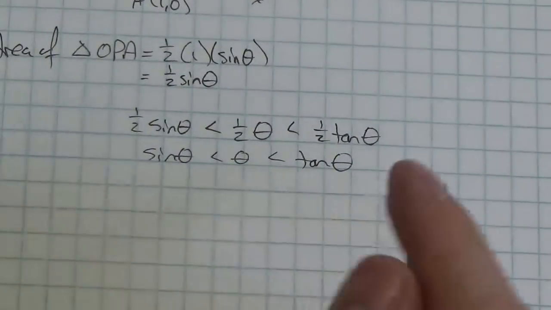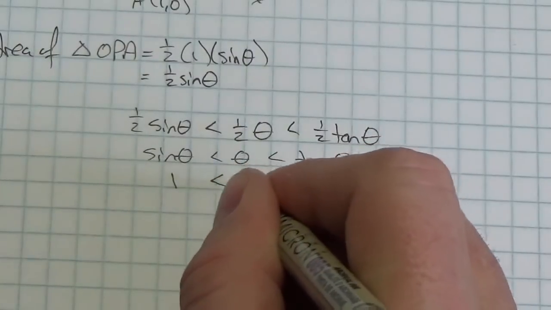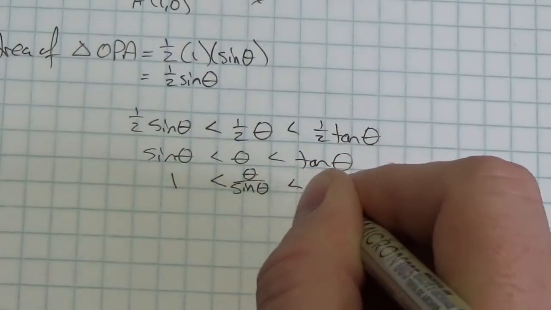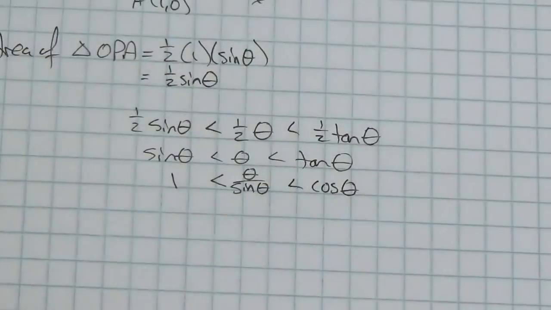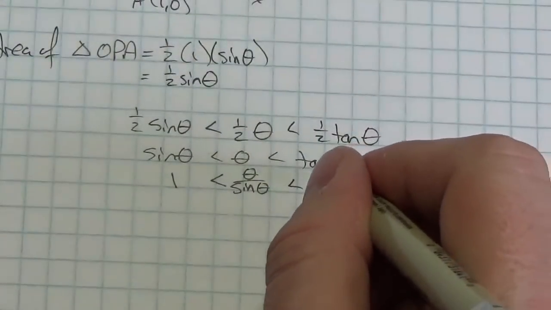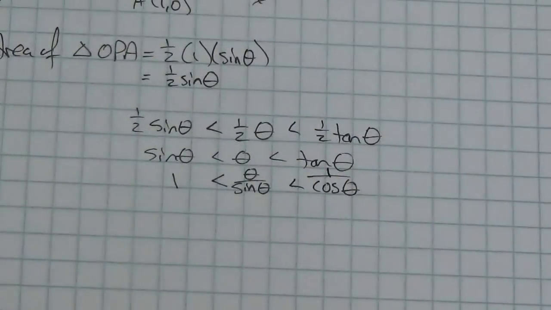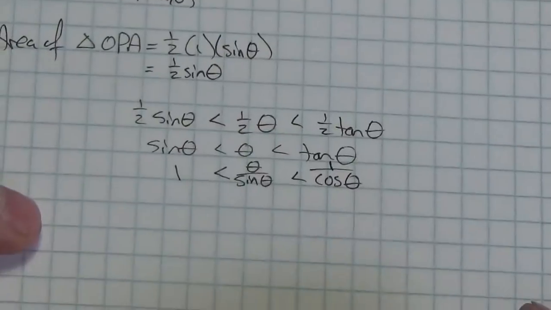Now I'm going to divide everything through by sine, and that is going to get me 1 is less than theta over the sine of theta is less than, oh sorry, 1 over the cosine of theta. I do know what tangent is. 1 over the cosine of theta. Sorry, I knew where I was going. That didn't look right.